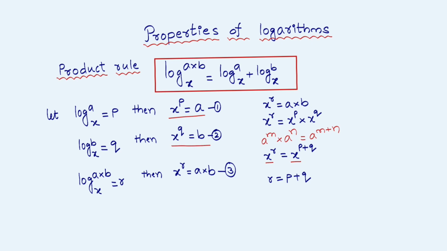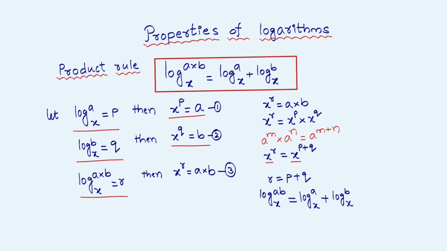Now again, from these three, we know the p value, q value and r value. This p, q, r we will substitute in this equation. According to this, r is log of a into b to the base x. So we write the r value. Then the p value is log a to the base x, and the q value is log b to the base x.